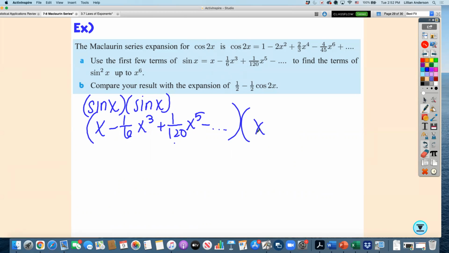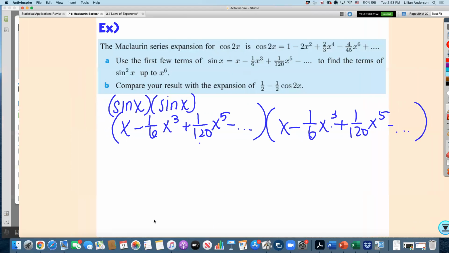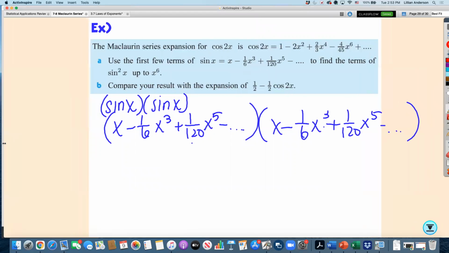And you're going to collect like terms until you get up to x to the 6th. Okay? So, of course, this continues indefinitely, but you're going to use the first few terms to get you what you need. Okay? So that means I'm literally going to multiply every number in my first parenthesis by every number in my second parenthesis. Okay? But I'm only going to use the first few terms to do this.